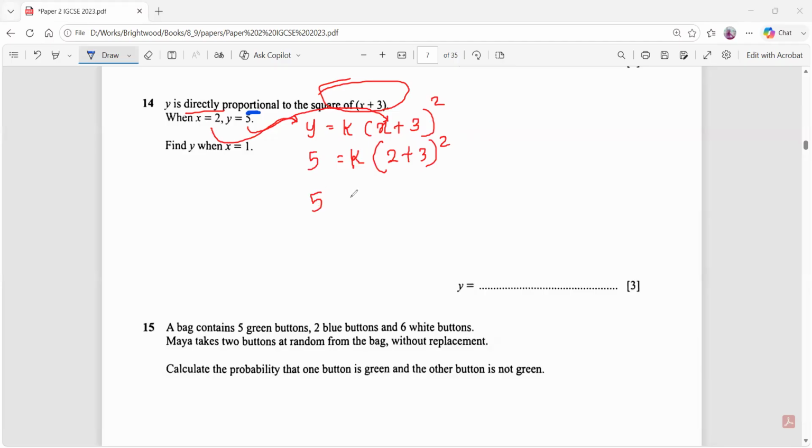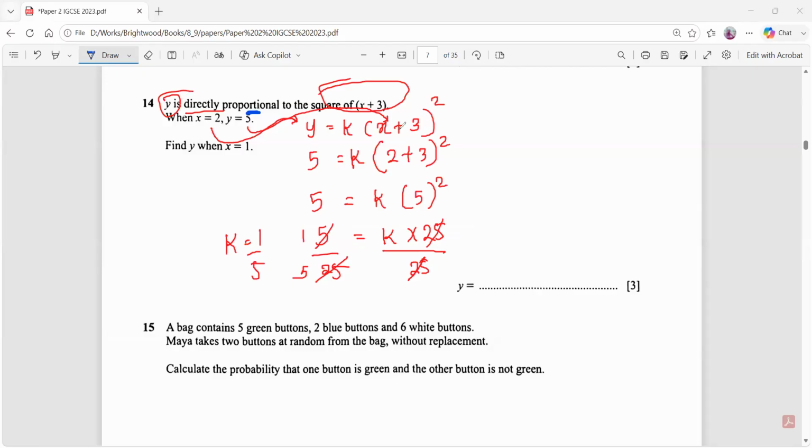Now 5 equals k times 2 plus 3, and 2 plus 3 is 5, squared. So 5 equals k times 5 squared, which is 25. If you make k the subject, both sides can be divided by 25, no? 25 cancels. How many 5s are there? There are 5, so k equals 1 over 5. I found the value of k because y is directly proportional.